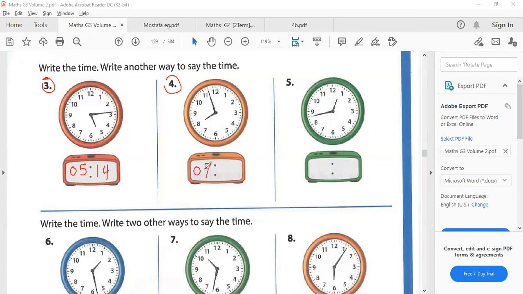We are still at 7. 7 and how many minutes? We have 60 minutes in all. Minus 3, it will be 57. 7 and 57. Excellent. Perfect, Omar.